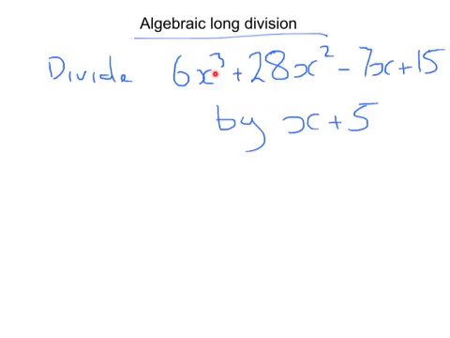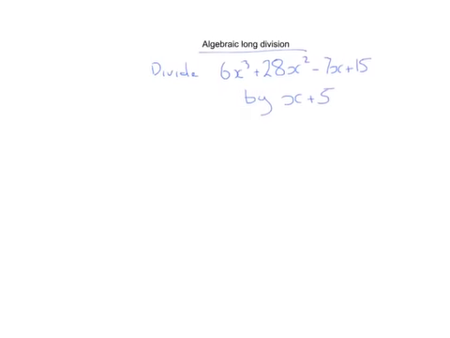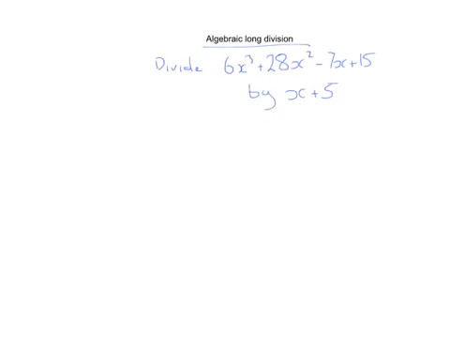As I said, it's exactly the same technique as you found previously in long division. So, how do we set it up? We take our x plus 5, because that's what we're dividing by, and I'm going to use the bus stop idea that you'll have seen throughout school.